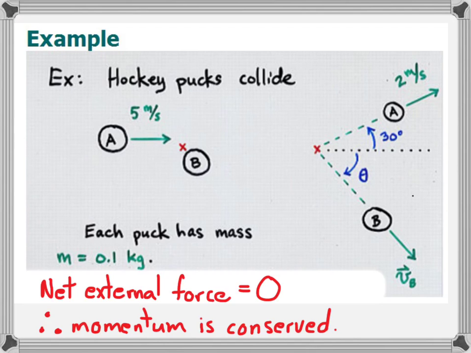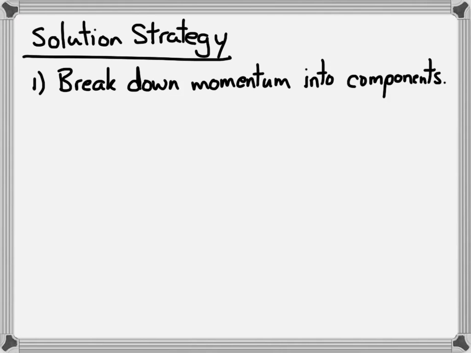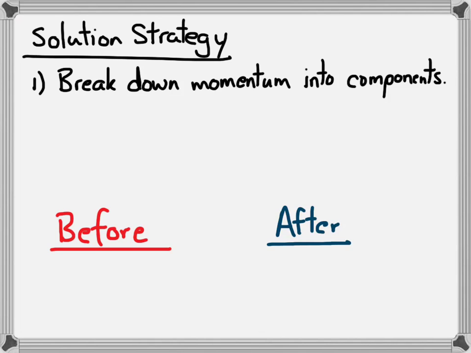So I'm going to talk to you first about the strategy we're going to use, because we're going to be doing a lot of math here. The strategy behind two-dimensional collisions is, first, you want to break down the momentum of each object into its x and its y components. So we have before the collision and after the collision.